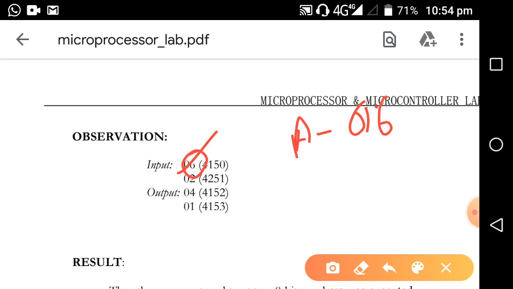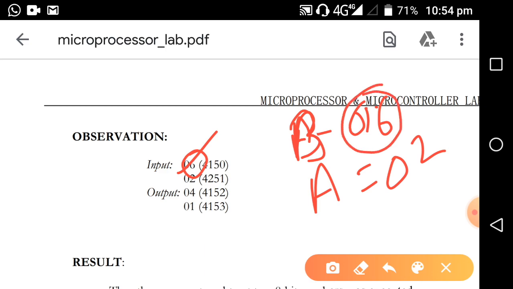So now the B register has the content 06. Now after the second instruction, LDA 4151, the accumulator has 02. Okay, after the SUB B instruction, the content of the B register, that means 06, will be subtracted from the accumulator. Now there is a need of a borrow because 2 is less than 6, so we will need to take the borrow.